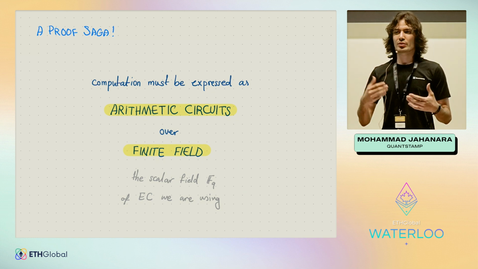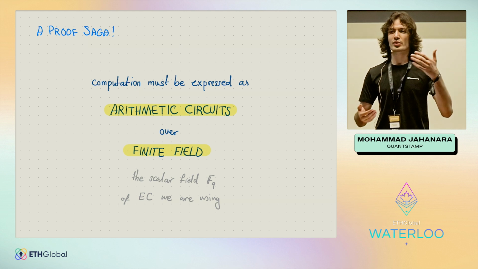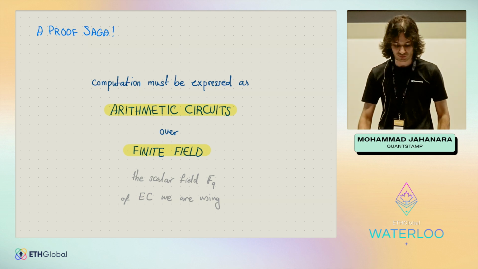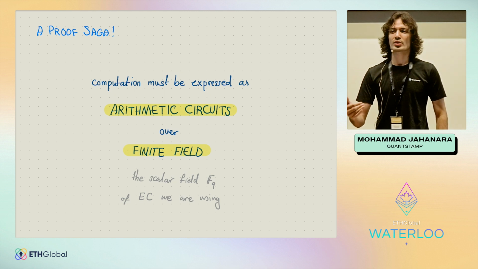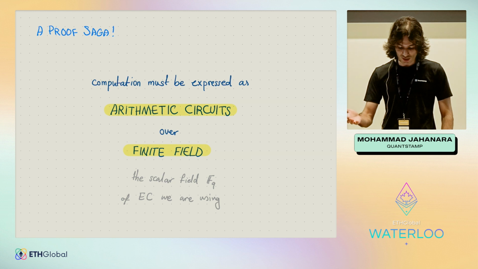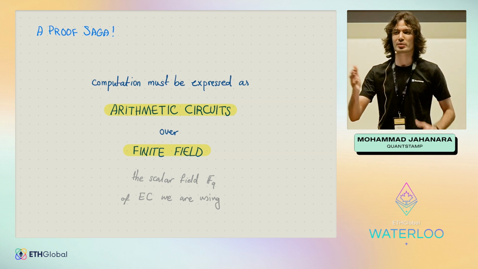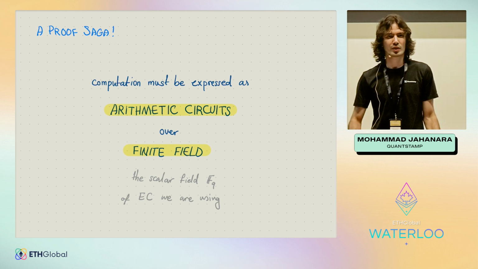There might be tools that do this for us, but at some level, it has to be translated into something called an arithmetic circuit. And these arithmetic circuits can do only arithmetic over some finite field. And this is going to be important during the talk, so that's why I'm mentioning it now. In particular, that field is the scalar field of some elliptic curve. But if you don't know this stuff, this doesn't matter. You can follow the talk, that's fine.